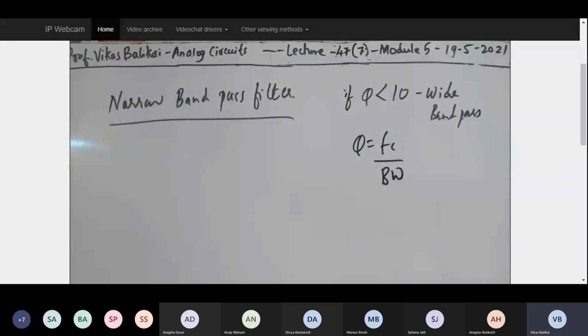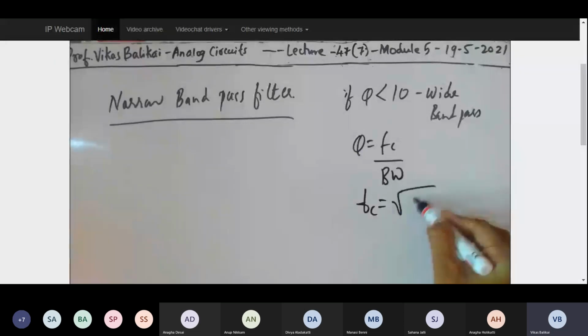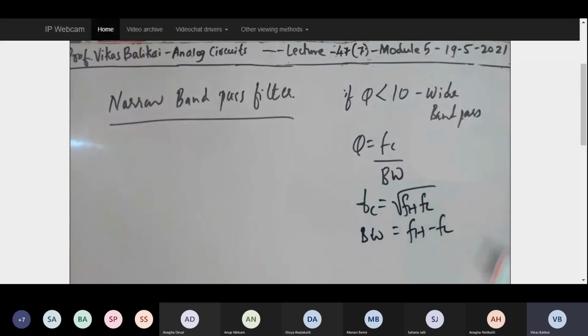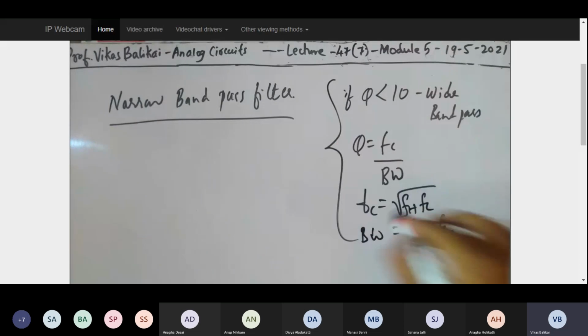The center frequency was obtained by Fc is equal to square root of Fh multiplied by Fl, and the bandwidth is nothing but the difference between Fh and Fl. That's how we tried to analyze the band pass filter.